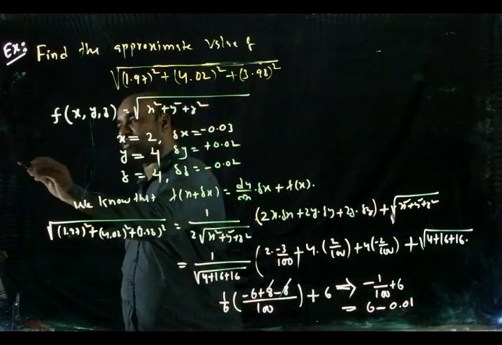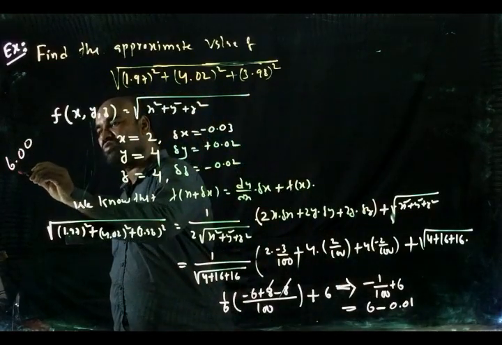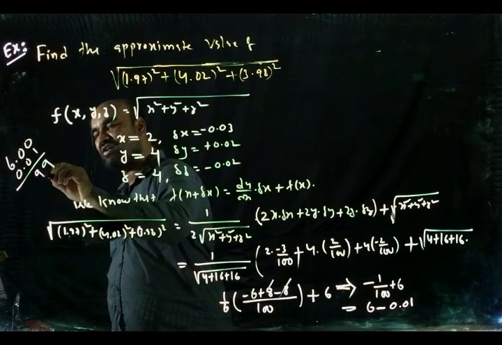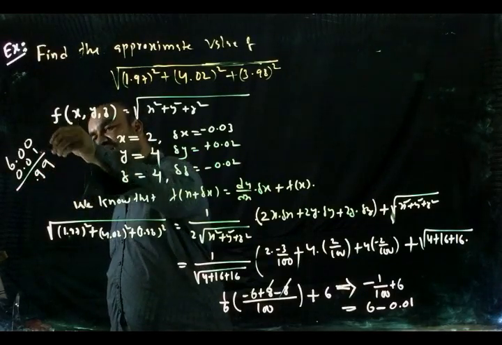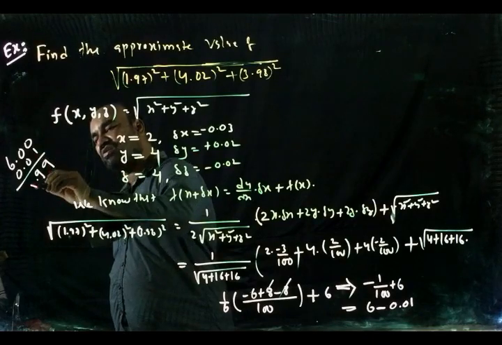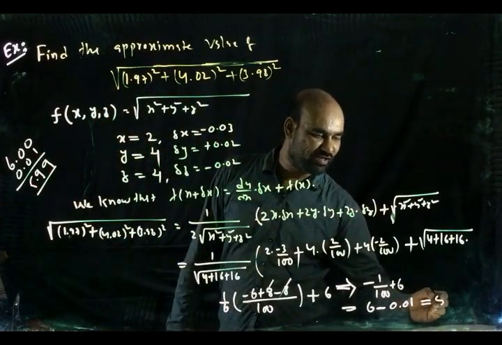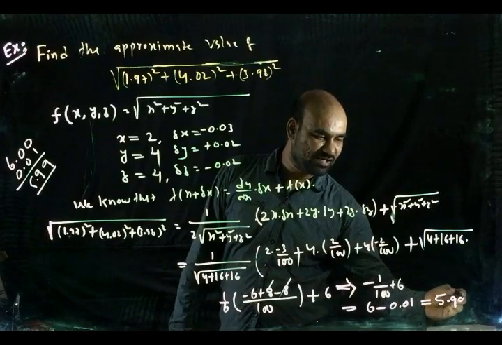We need to subtract 0.01 from 6, which gives 5.99. Therefore, the approximate value of that expression is 5.99.